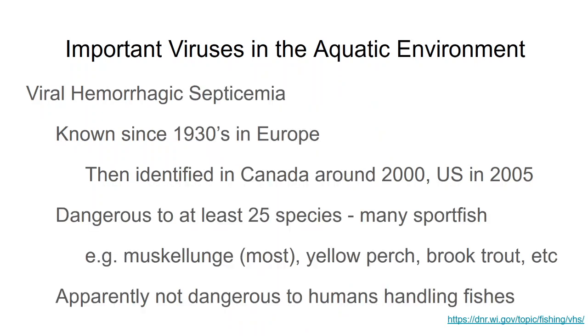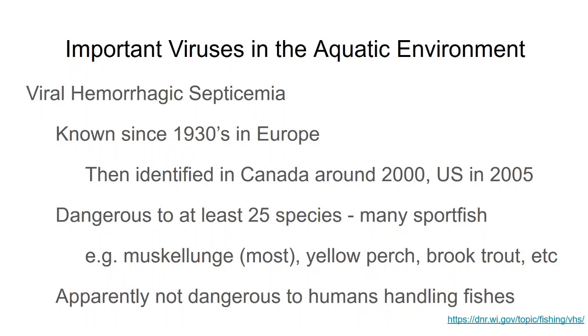We know that viral hemorrhagic septicemia is dangerous to at least 25 species of fish. Many of those are sport fish, including muskies, yellow perch, and brown trout. And there's been no described danger to humans. So remember that viruses are often pretty specific, and we've got a lot of distance between humans and fishes.